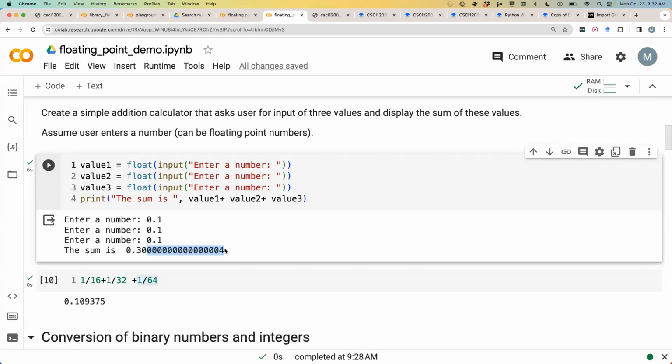It's not because we calculated it wrongly or programmed it wrongly. It's because when the floating point number is being stored in the computer, it's stored as a binary digit, and 0.1 cannot be represented precisely as a binary digit. It's represented as something close to 0.1. So when you add these numbers again and again, there is a rounding off error.